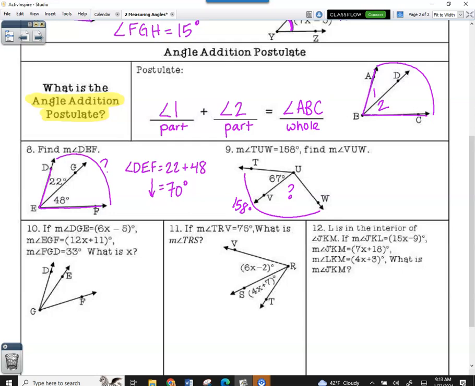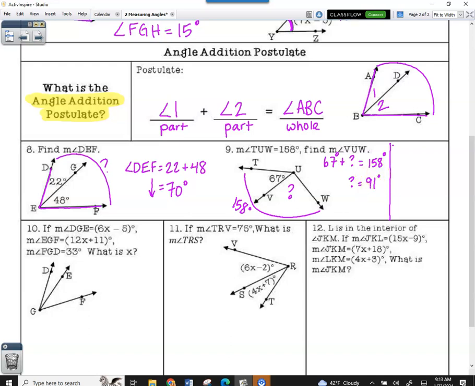So I'm going to show you both ways. I'm going to draw a line and write both ways. So part plus part equals whole, right? And then what would I do to solve that? Subtract. You would get that the question mark is 91, right?